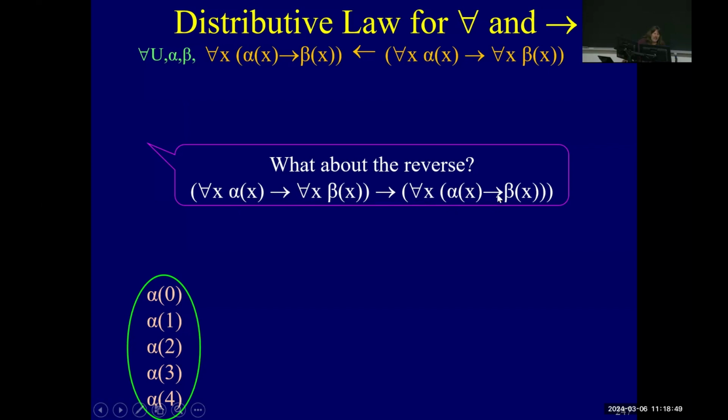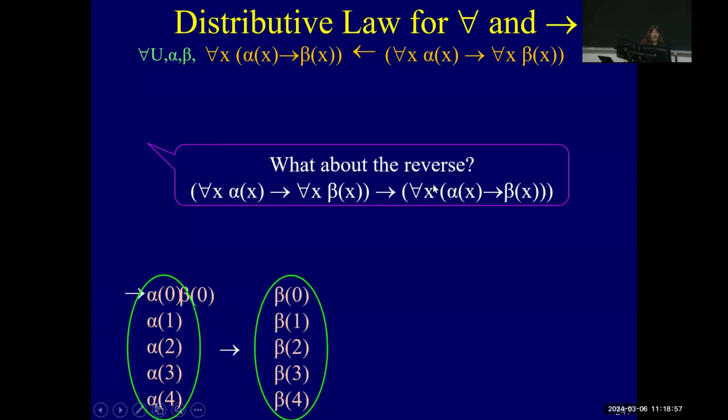But then how do we prove this? We're trying to prove this, so we get an arbitrary X. And somehow I'm assuming that the oracle is giving me this. I'm not coloring it because I don't know how to parse this, but at least in pictures, I have the picture that if all this is true, then all this is true, right?